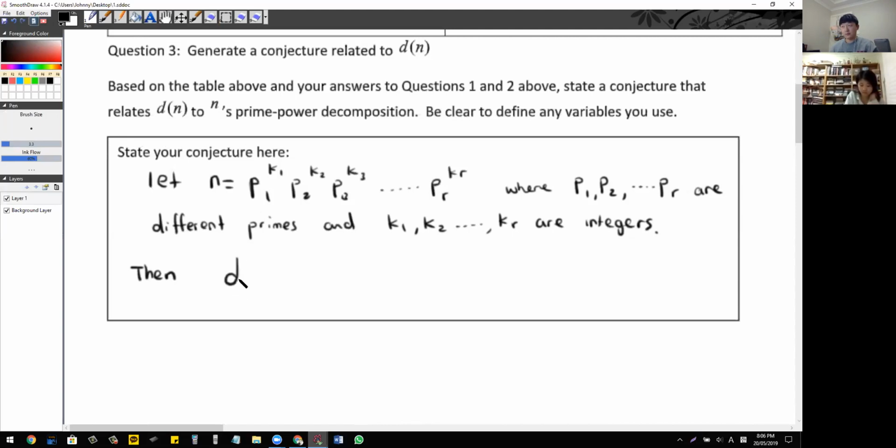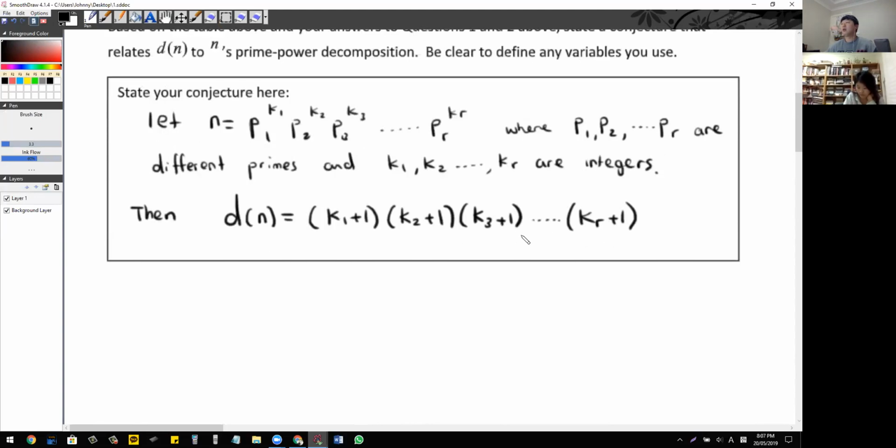The Dn equals (K1 plus 1)(K2 plus 1)(K3 plus 1) up to (KR plus 1), okay? Yeah.